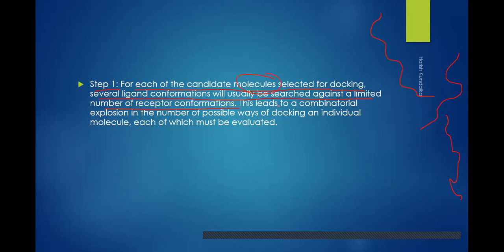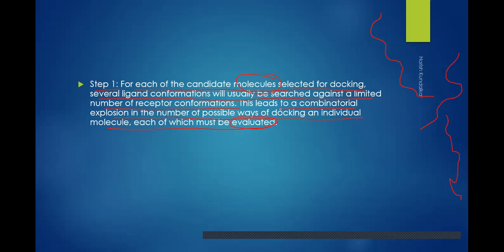And then what we do is we try to dock all those different conformations into the active site of the receptor. So this leads to a combinatorial explosion in the number of possible ways of docking an individual molecule, each of which must be evaluated. Combinatorial chemistry we have already studied.